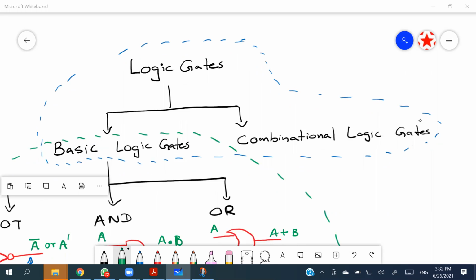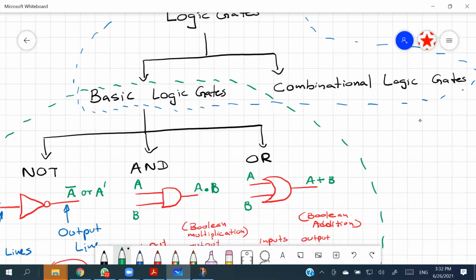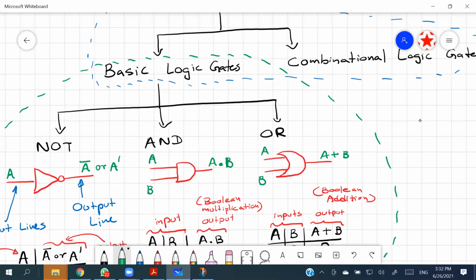So I'm moving the diagram a little bit up. Hope you are done with the first diagram, logic gates divided into two major parts, which is basic and combinational logic gates.